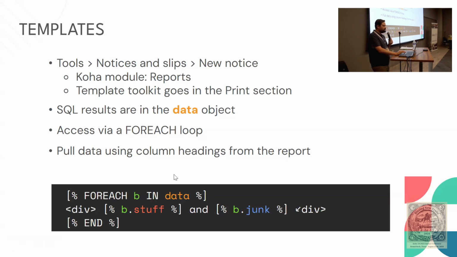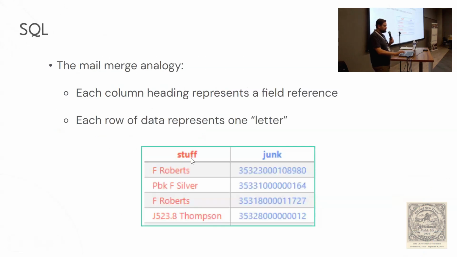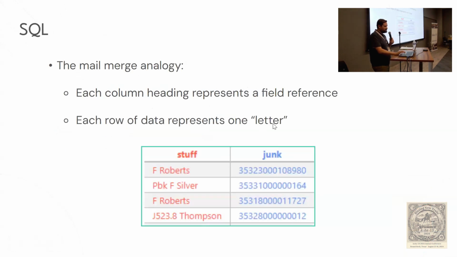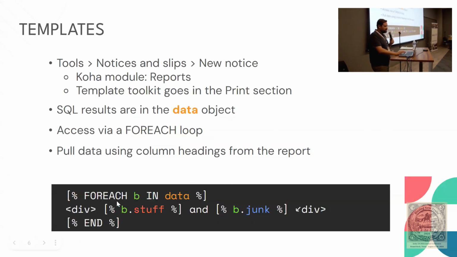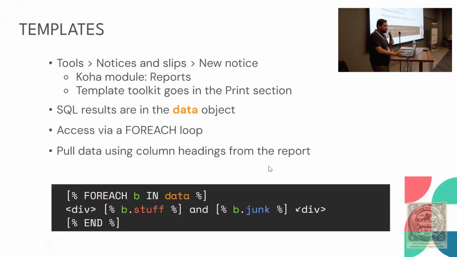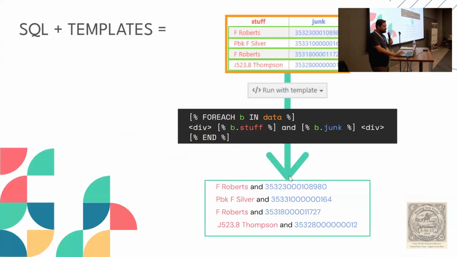So you do your for each loop to loop through each row, and then within that you're pulling the different headings. I tried to color code this a little bit, so the red is stuff and the blue is junk. That would pull my call number and my barcode into a string that says call number and barcode.